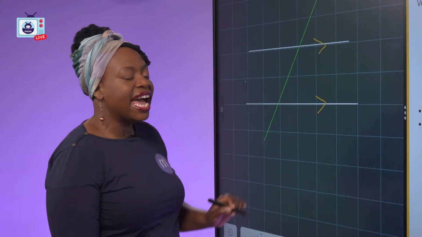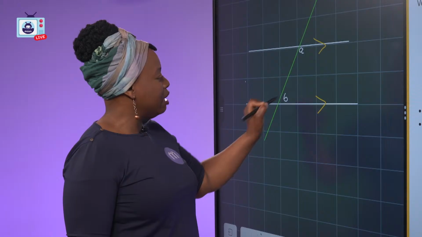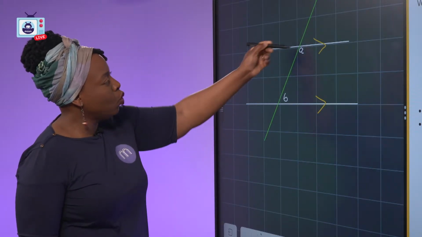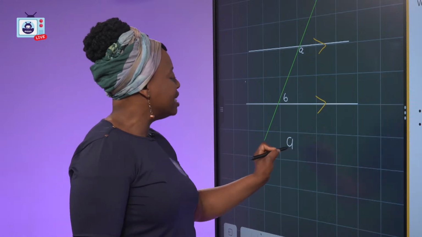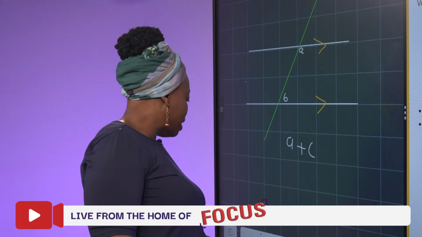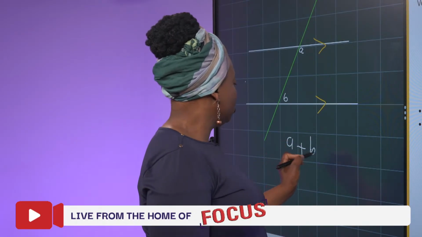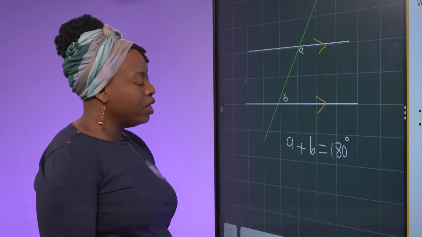And then there's an angle inside, like the angle A we had there and the angle B we are having here. These two angles, when we add them together, must give us 180 degrees. Hence, we are saying they are supplementary, right? They are co-interior angles.